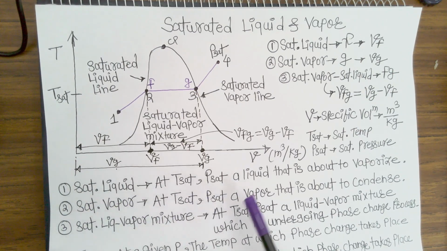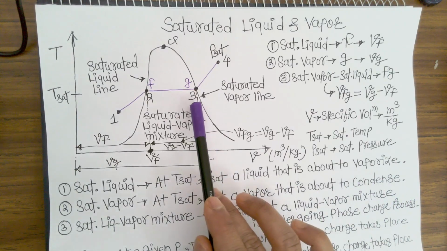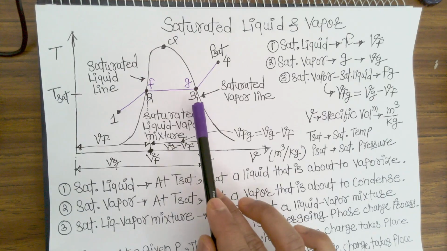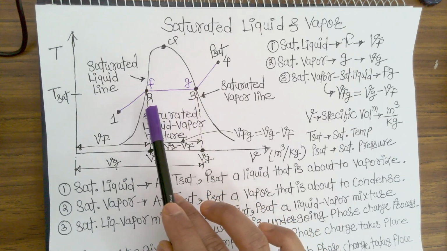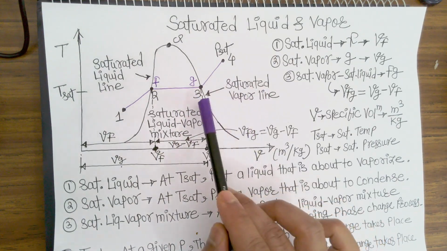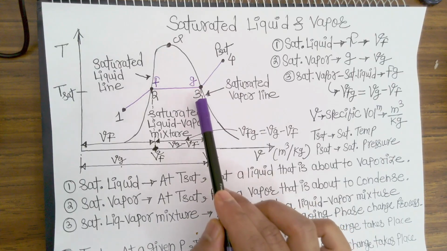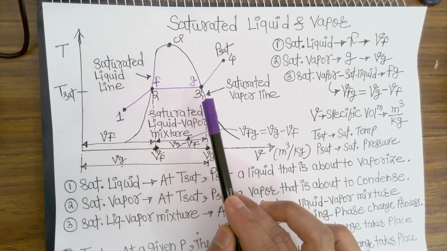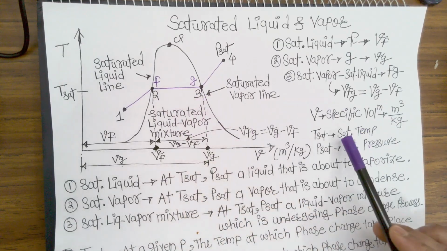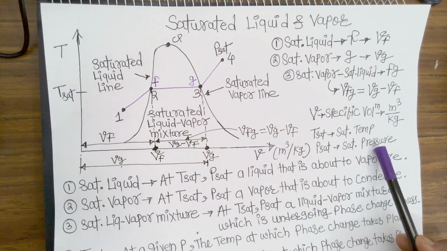Saturated vapor is a vapor that is about to condense. This means at point 3 this saturated vapor is ready to change its phase into liquid. Its temperature and pressure are saturation temperature and saturation pressure.